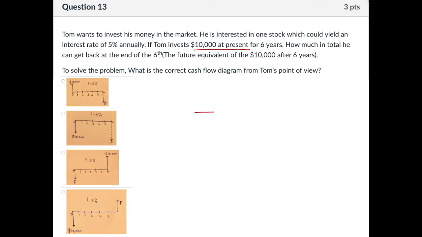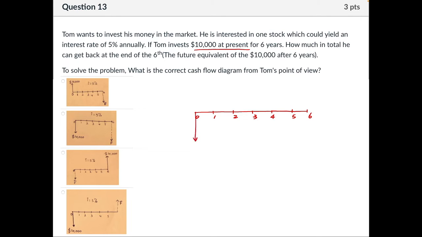Okay, so Tom's perspective is different from the stock market, right? Or from the company whose stock is bought by Tom. So because Tom needs to pay 10,000 at present, so that payment is outgoing cash flow.